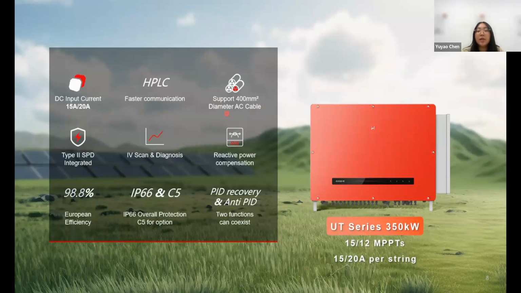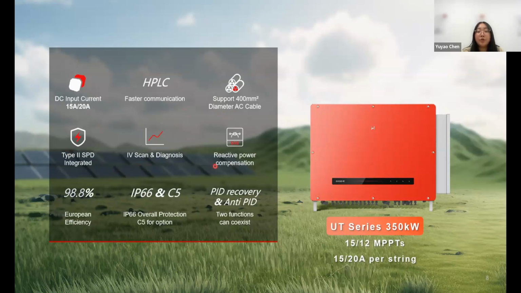We support AC cable of a maximum of 400 square millimeters. We also have Type 2 SPD integrated on both the DC and AC sides. We also have IV diagnosis, so it will scan the IV curve of each string and diagnose if there is any fault happening on the panels and which string it is happening on.